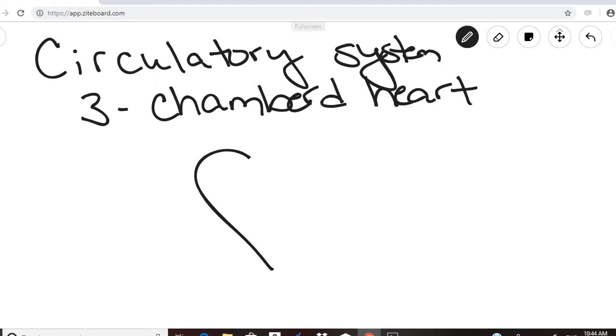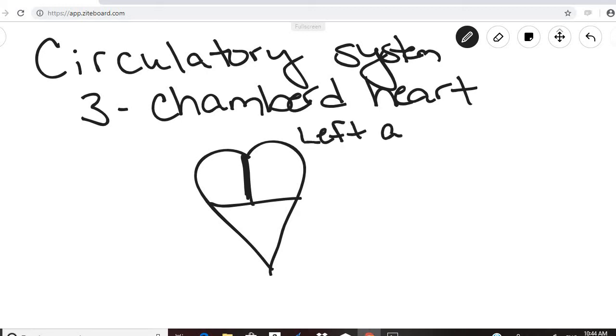So if we look at their heart, they have 2 upper chambers and 1 ventricle. The left atrium, and we always name the side of the heart based on the animal, not based on us looking at it. So this would be the left atrium. And this would be the right atrium.